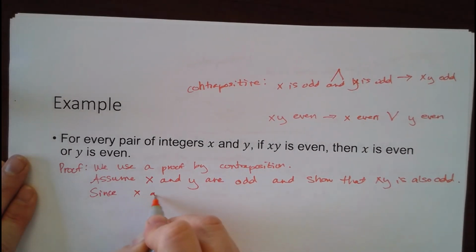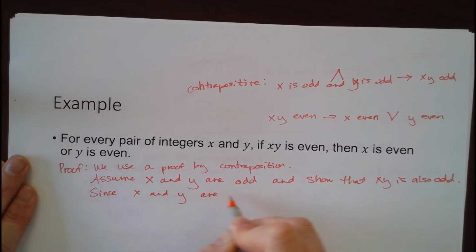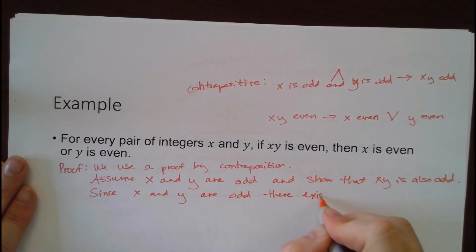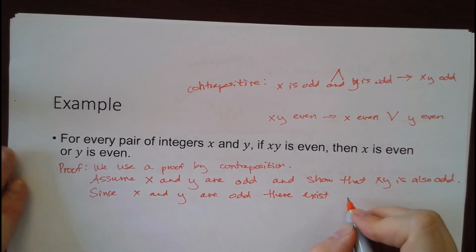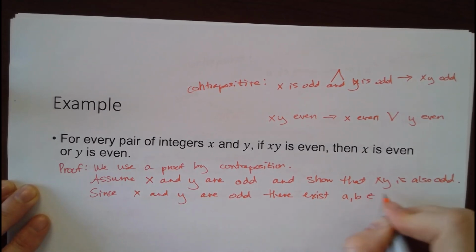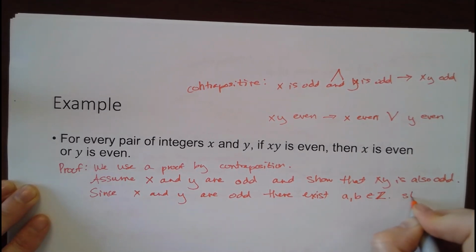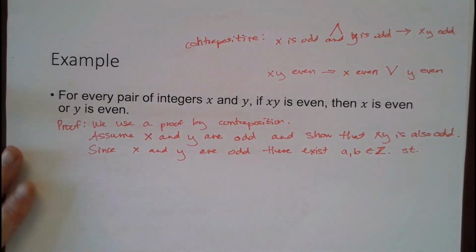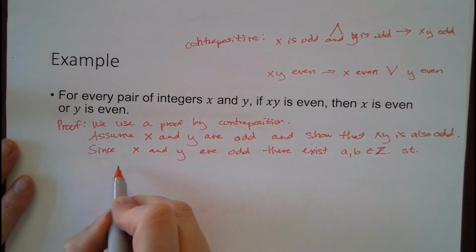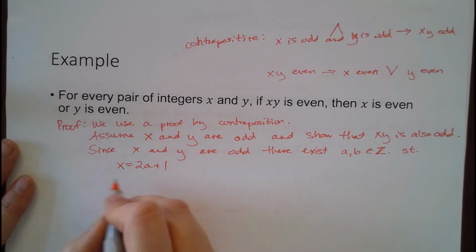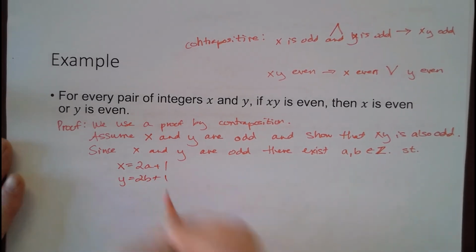So since x and y are odd, there exist, let's call them a and b, integers a and b such that what is true? What's the definition of odd? Yep, x is 2a plus 1, and y is going to be 2b plus 1.